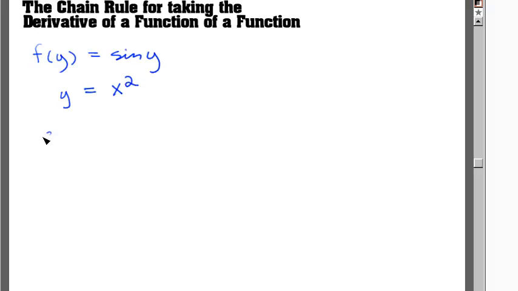So our f of y being equal to the sine of y can be expressed, if we substitute x squared for the y, as the sine of x squared. So we clearly see we get a function of a function.